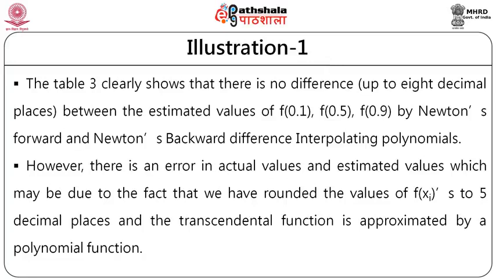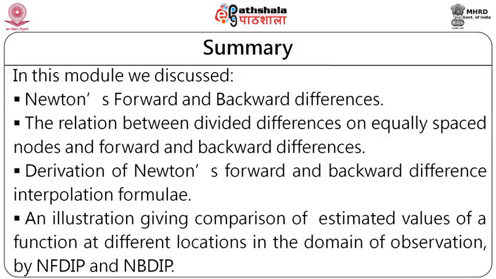However, there is an error between actual values and estimated values, which may be due to the fact that we have rounded the values of f(x_i) to 5 decimal places, and because it is a transcendental function, it is approximated by a polynomial function, because our function f(x) is e raised to 2x into cos 3x. So, which is a transcendental function approximated by a polynomial function, and hence that much error can be justified.